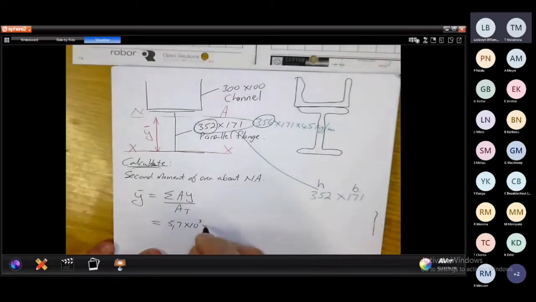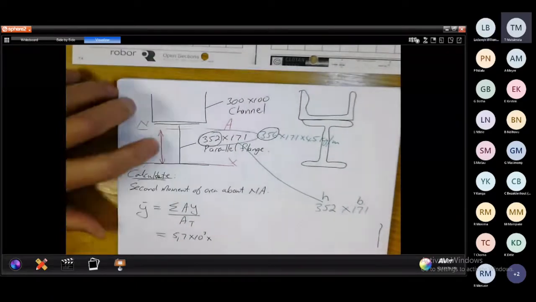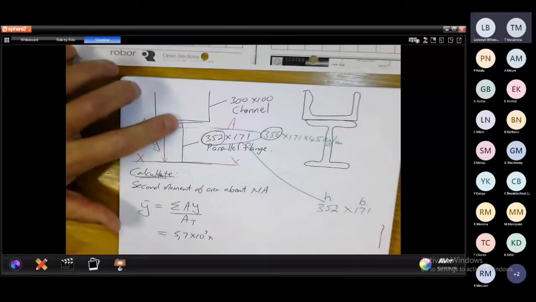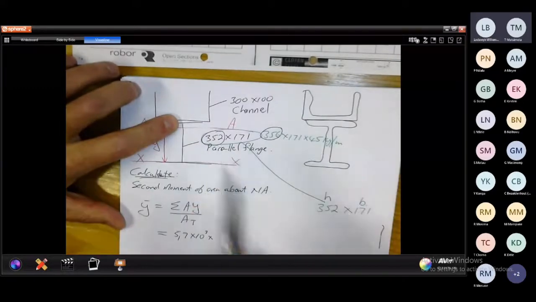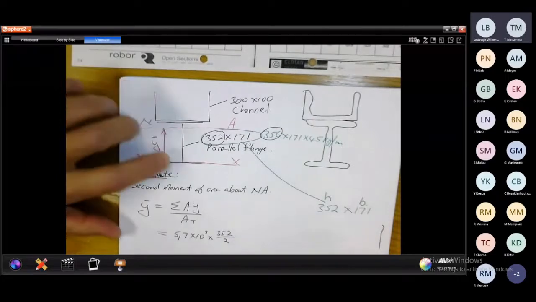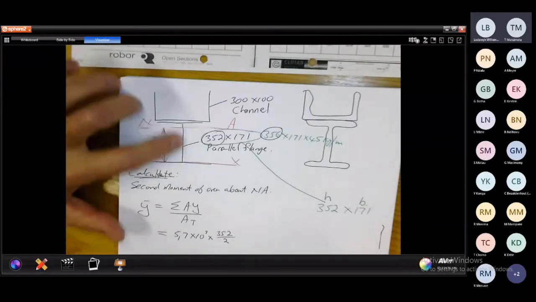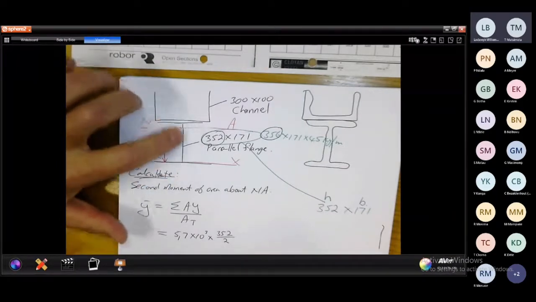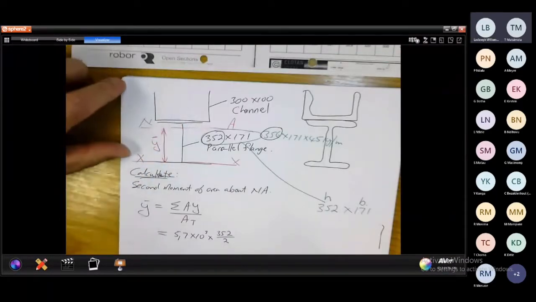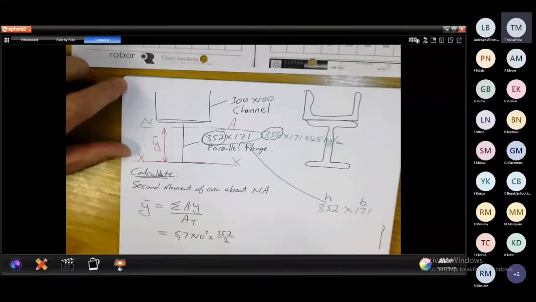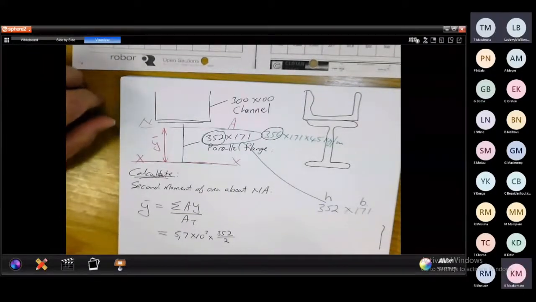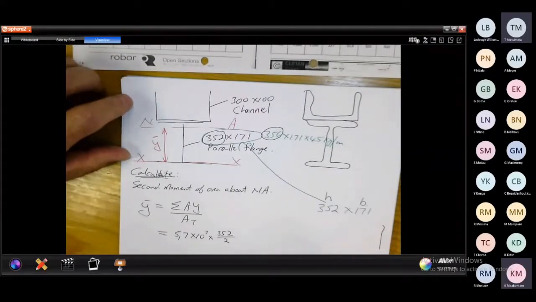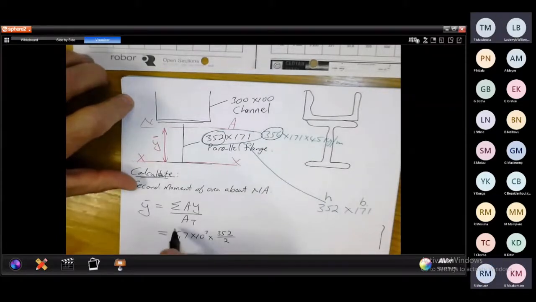Now multiply by its height. This height here is 352 divided by 2, because that's what I know. All right. Everyone, you agree with me? You happy? Yes, right, sir.